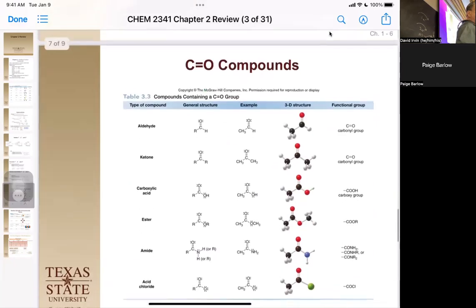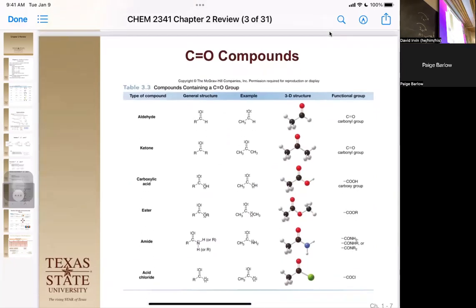Okay, so that gets us to the other carbonyl compounds. We're going to start with the simple one, which is an aldehyde, which is 1 carbon, 1 hydrogen. The ketone, 2 carbons, then a carbon and an electronegative atom. This sets the stage for all of the carboxylic acid and carboxylic acid derivatives. So we have the ester, which is similar. We have the amide, which is nitrogen, and we have the acid chloride.